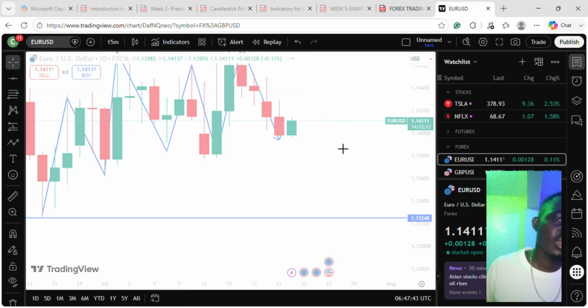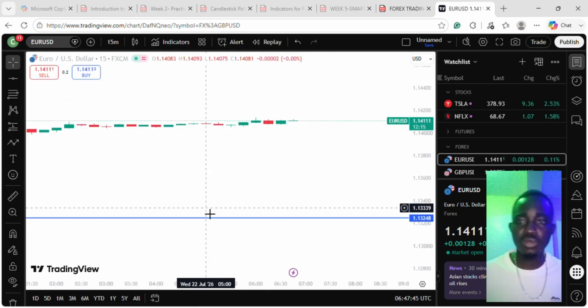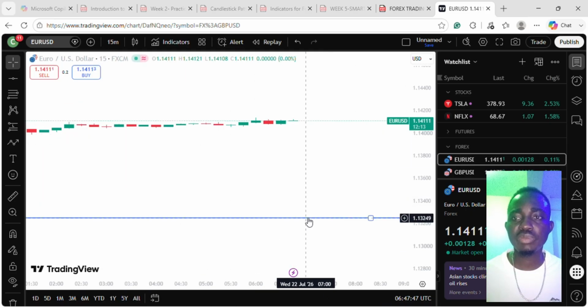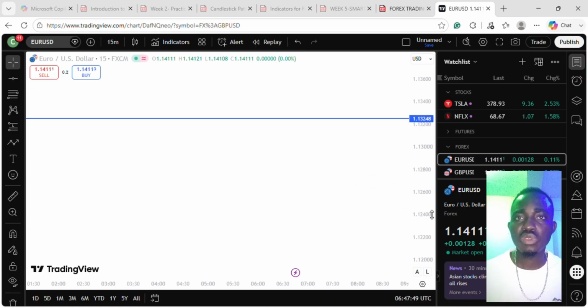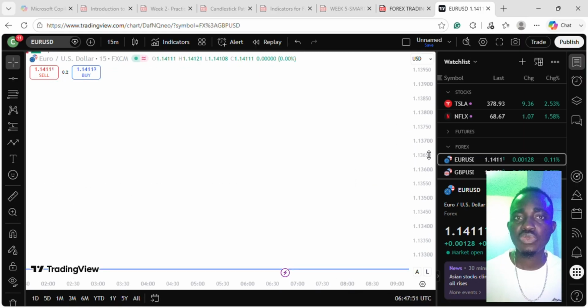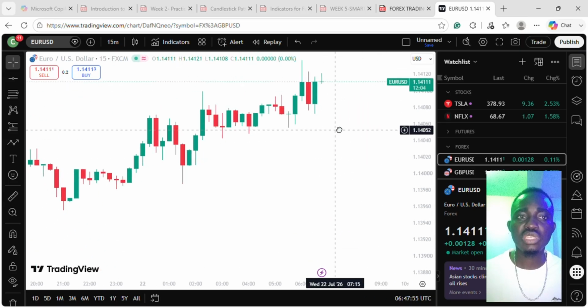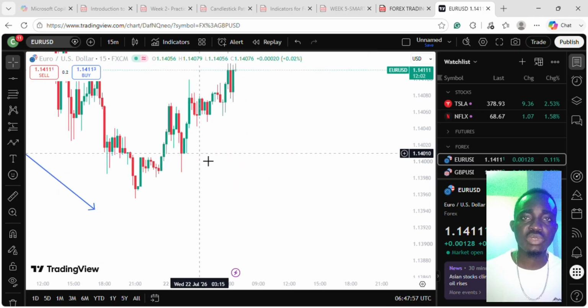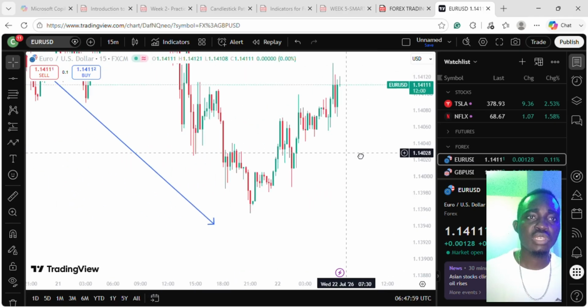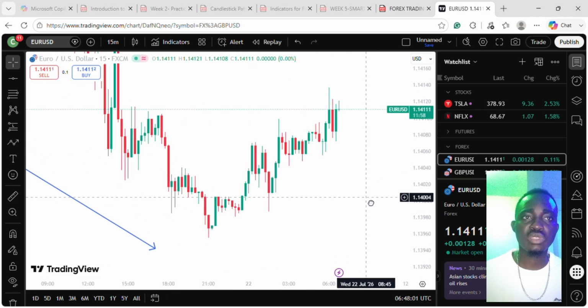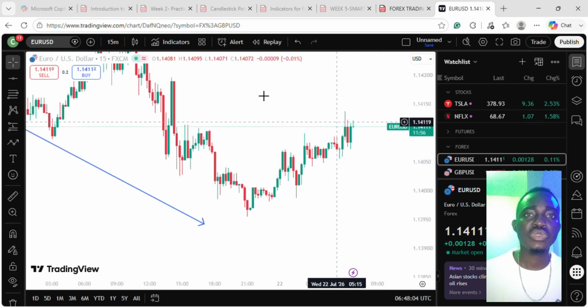Let's come back to 15 minutes time frame. The moment we come back to that level, what happens? Okay, you want to get your entries in this type of market. You'll wait for some pullbacks before you get into this type of market.